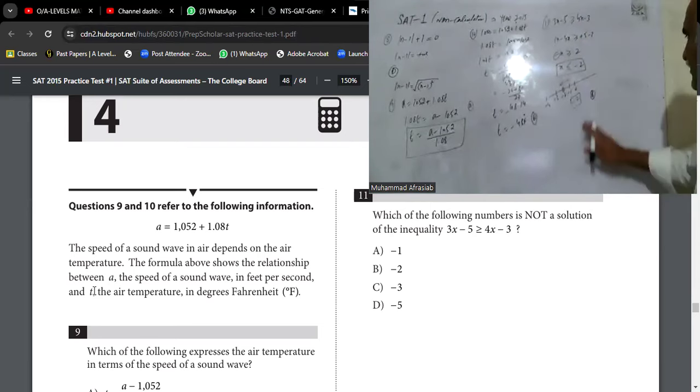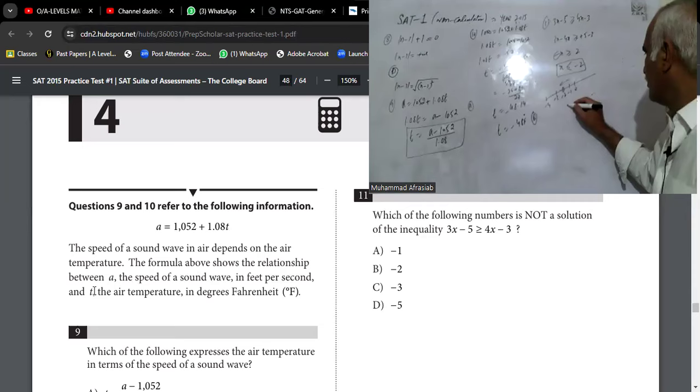Sorry, it's not a solution of this. So it should be minus 1, and minus 1 is the answer for this part A.